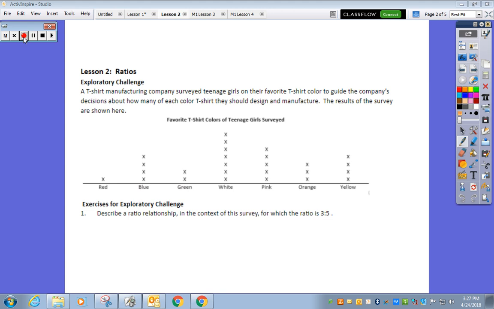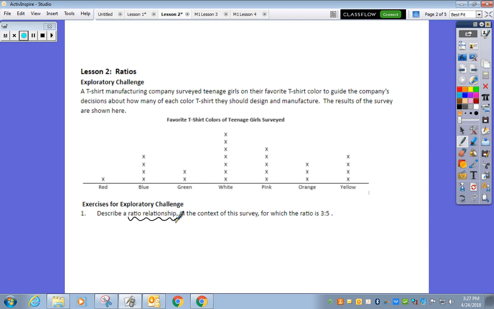So you'll notice that above each color there's a number of X's, and that just shows how many girls chose that as their favorite color. So we're going to start with describing a ratio relationship, and this is using ratio words to describe a ratio. So it's taking a ratio and writing what it means in words.